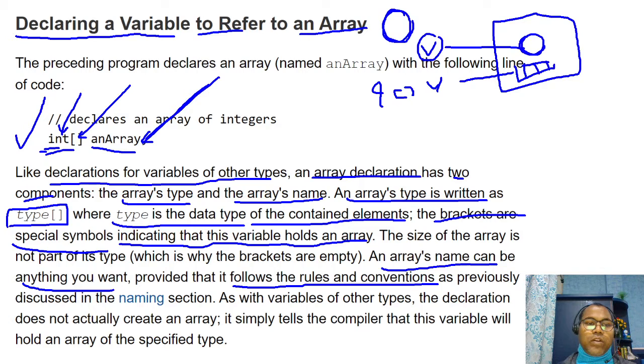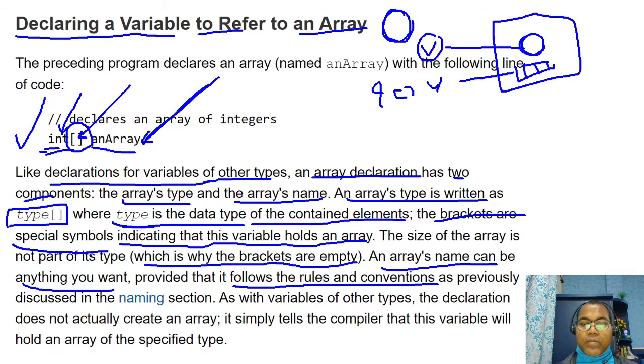If you are not specifying the opening and closing brackets, it is a normal variable. If you specify them, this indicates to the compiler it's an array variable. The brackets are empty; you are not specifying any size, just indicating the variable is an array type.